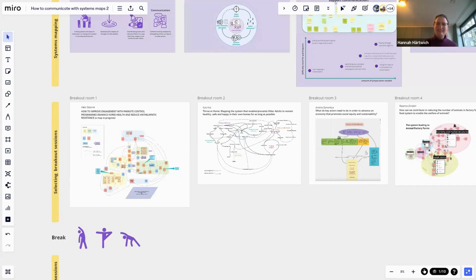Only, be careful and think about how you go about sharing that map, because just giving someone a complex systems map will be tricky for them to understand everything that is going on there without having been part of that process.